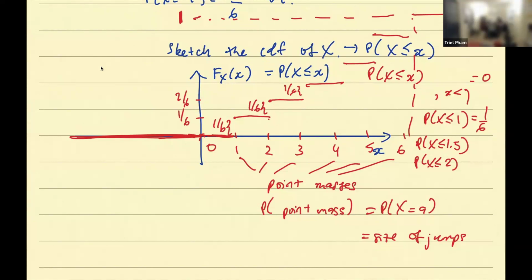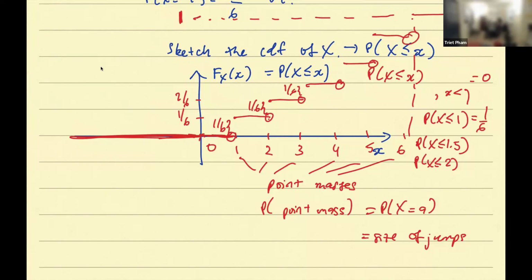Now let's try a final detail. When a function has a jump, you have to draw a dot and a circle. So for this, where is the dot and where is the circle? The circle is always below.